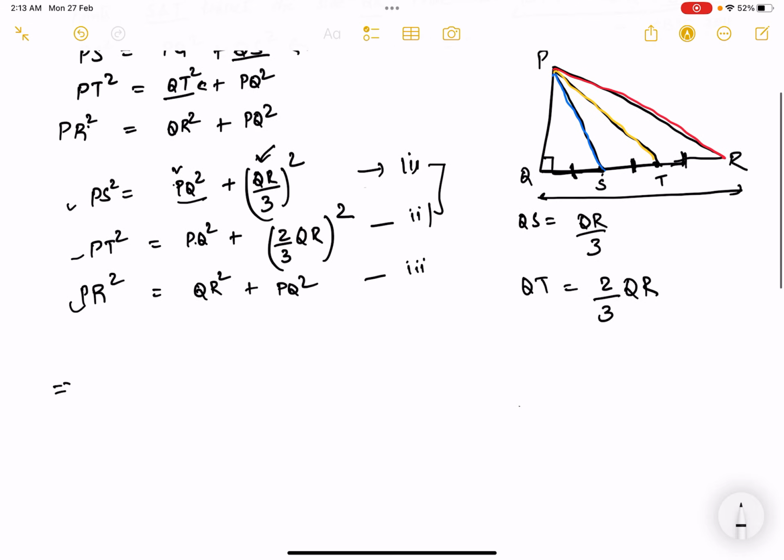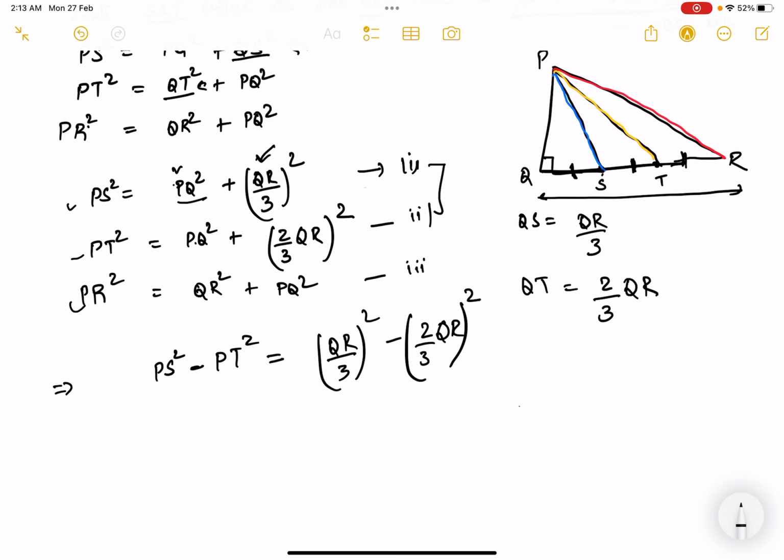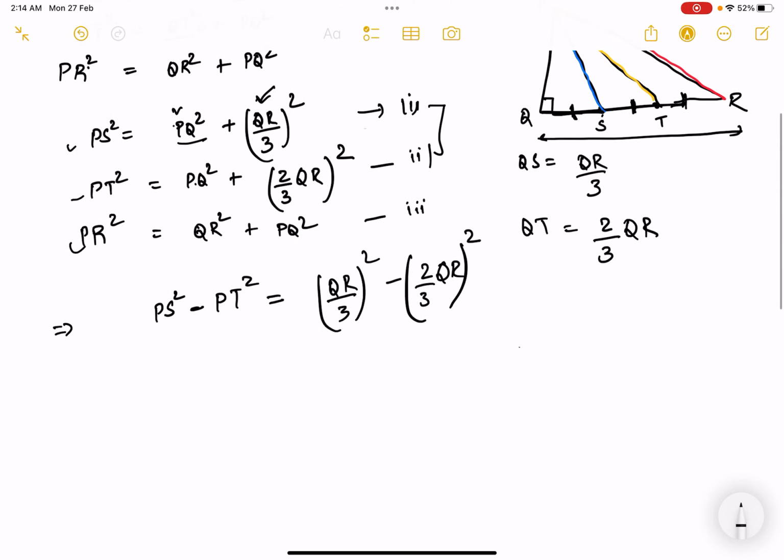So we'll get PS square minus PT square is equal to, PQ will get cancelled and we will be left with QR upon 3 whole square minus 2 by 3 QR whole square. And similarly we will subtract 2 and 3.